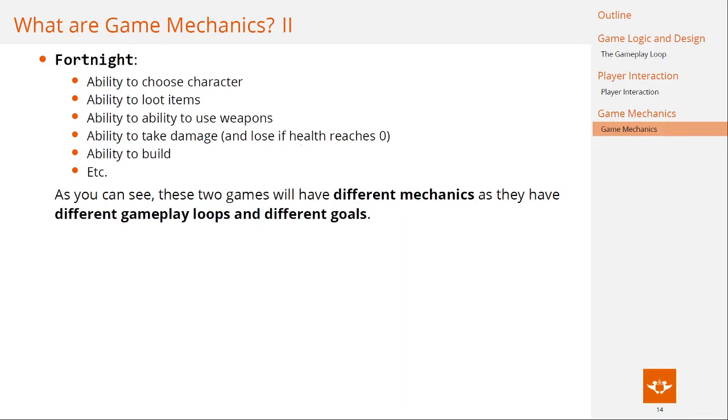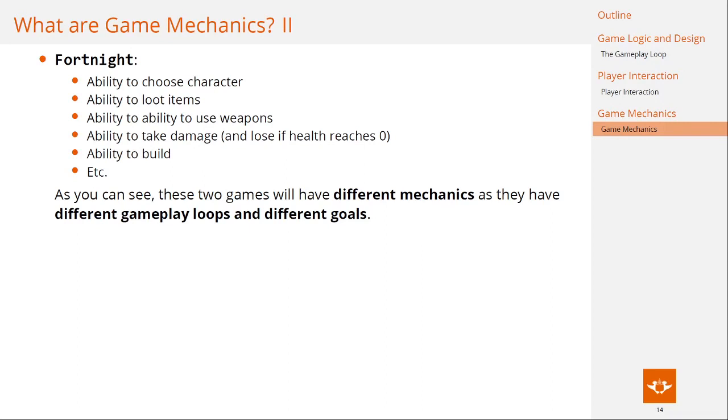So that then will have a set of mechanics that are built specifically to address the end state of the game. There are other things like being able to build, being able to break things, and so forth, all being part of the mechanics. This is a very, very tiny subset of the mechanics required for a massive game like Fortnite to actually work.